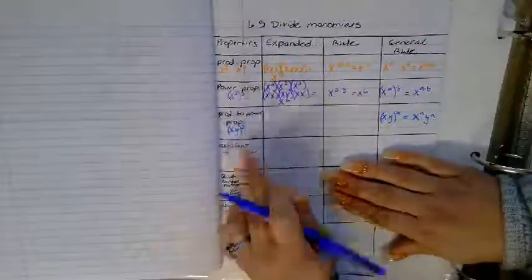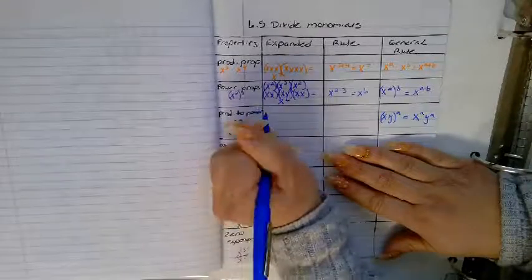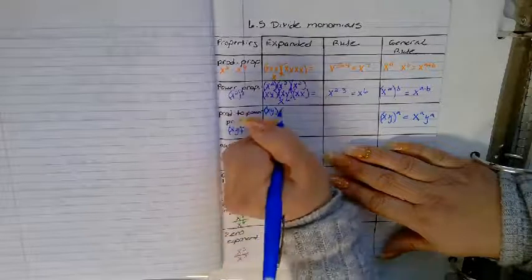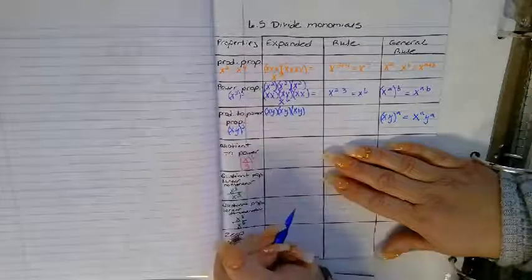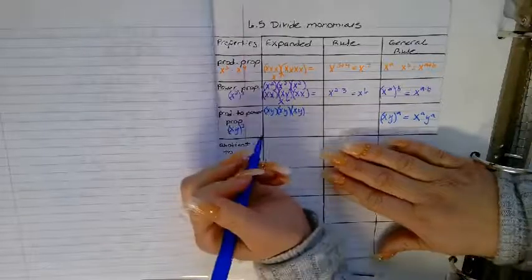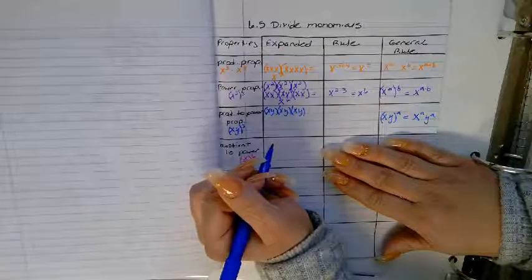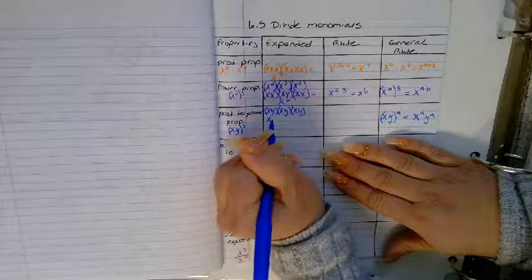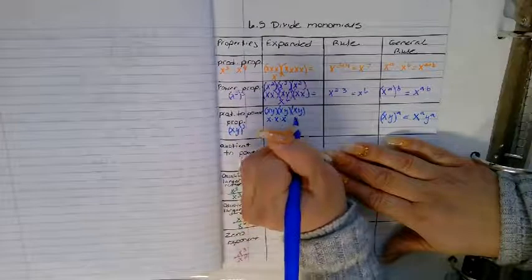Then let's look at our example here. We're going to write this out in our expanded form. We're going to have xy times xy times xy, because it's raised to the third, right? Then if we expand it more, we're going to have our 3 x's and our 3 y's.